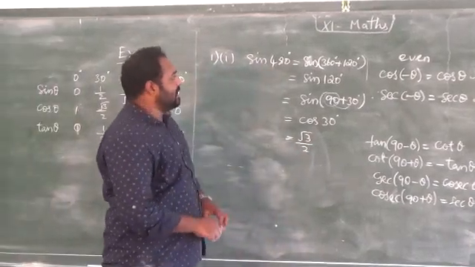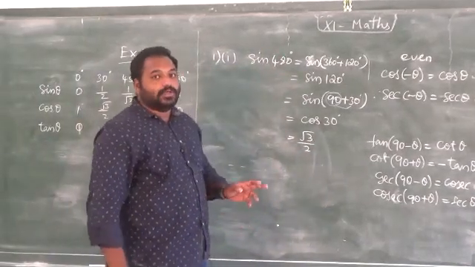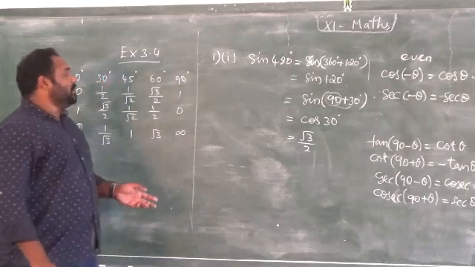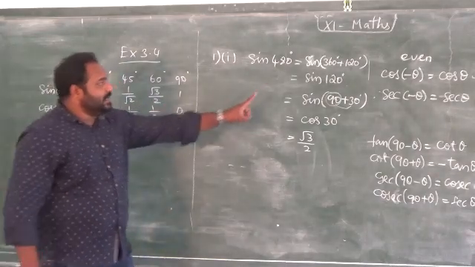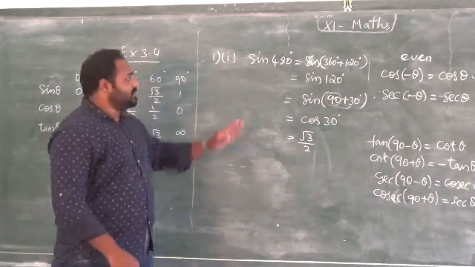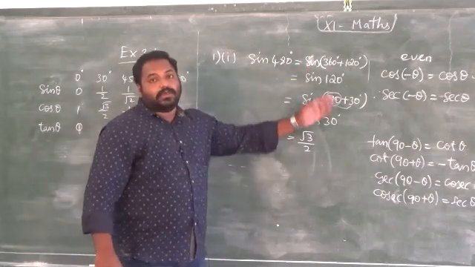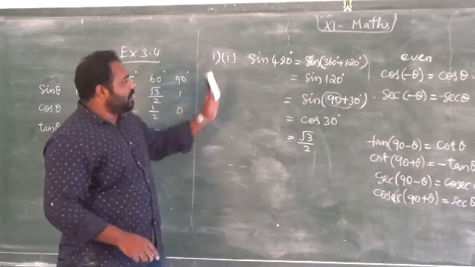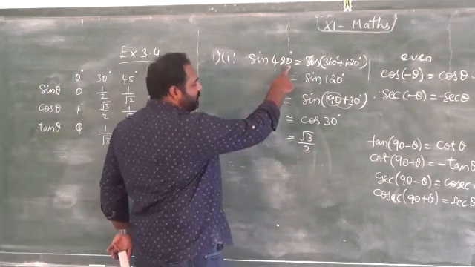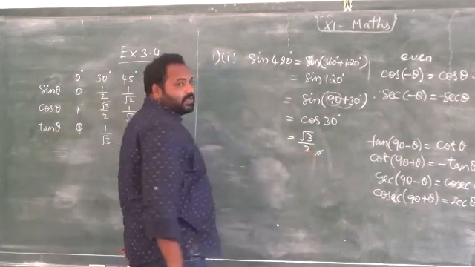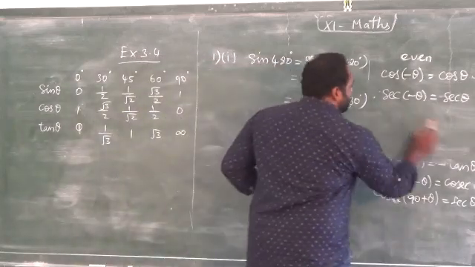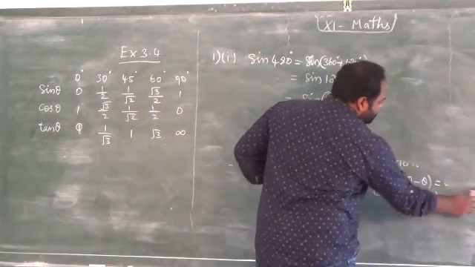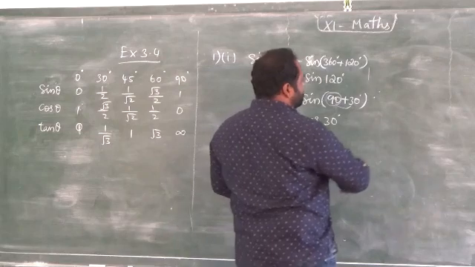So now you can understand how to find the value of angles more than 90 degree like this. This is the way of finding values more than 90 degree. Here sin 480 degree value is root 3 by 2.